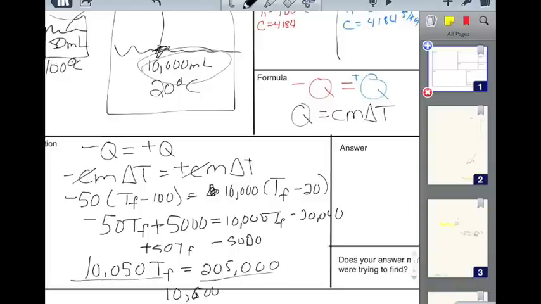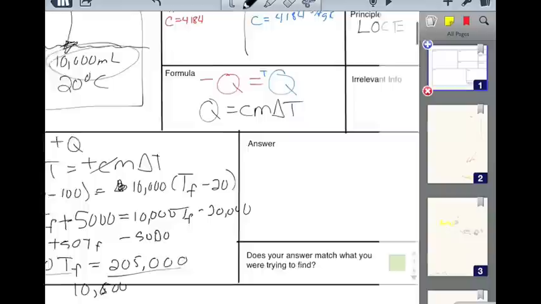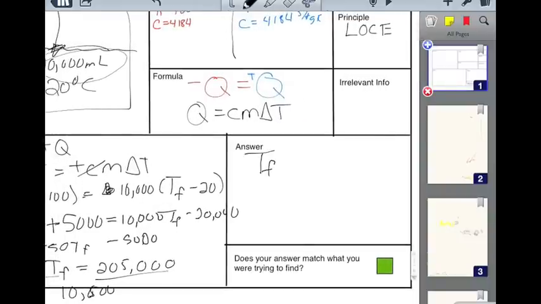And when I do that, I get my final temperature. The final temperature is 20.4 degrees Celsius.